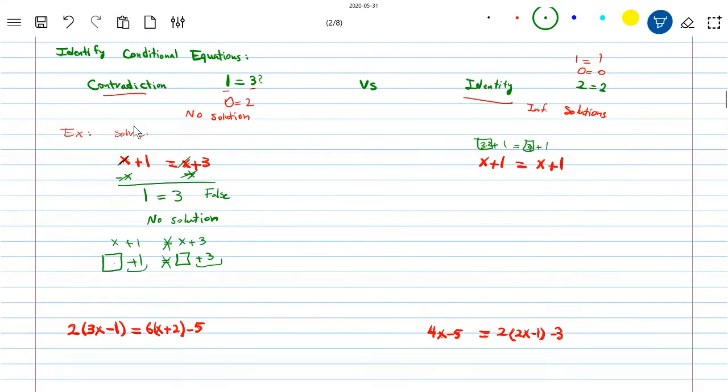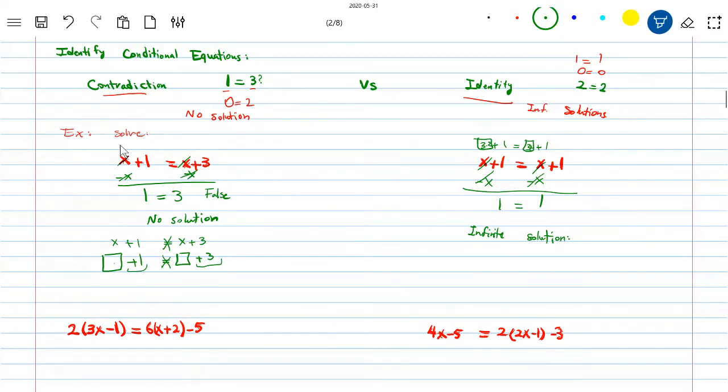It still gives you an equality statement. But if you go through the process, you subtract x from both sides and you want to solve this equation, what do you end up with? These two will cancel out. You end up with 1 equals 1. This is a true statement, so you have infinite solutions.